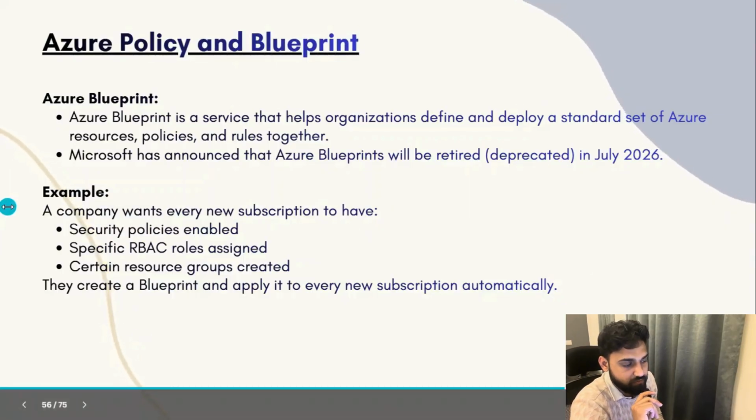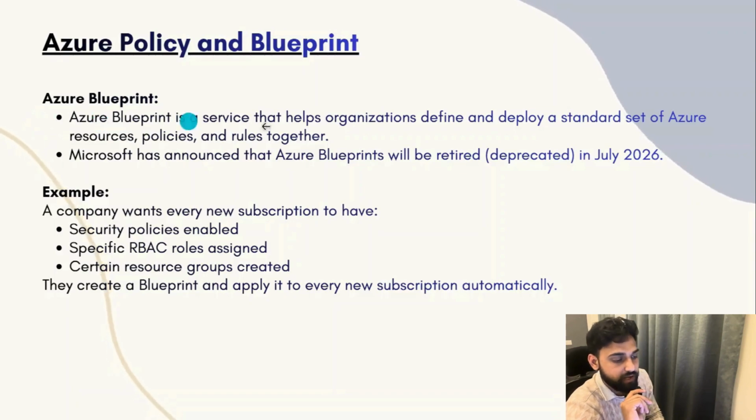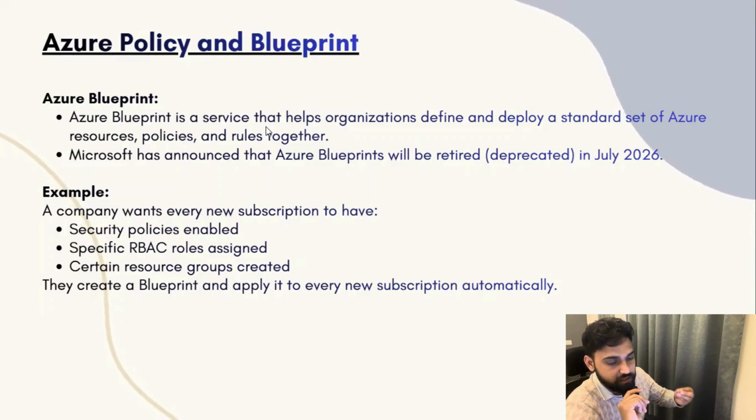So let's understand what is this Azure Blueprint. Azure Blueprint is a service that helps organizations define and deploy a standard set of Azure resources, policies, and rules together. Okay, so Blueprint is also a tool by which you can manage your resources, policies, and rules together.